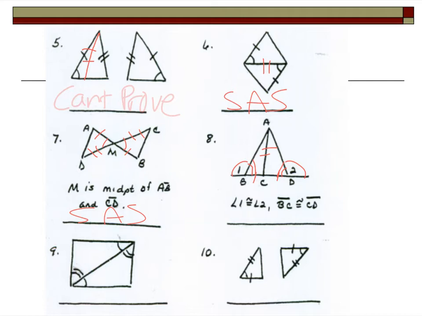But now what? Looks to me like I've got a little bit of angle, side, side or side, side, angle. That can't be proven, right? Nope. Can't prove it.